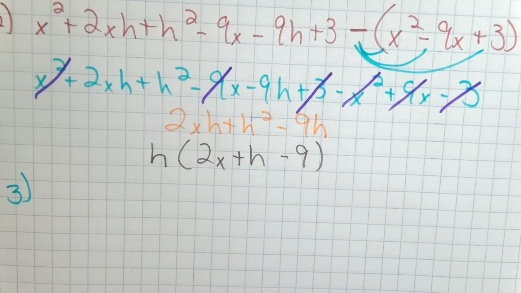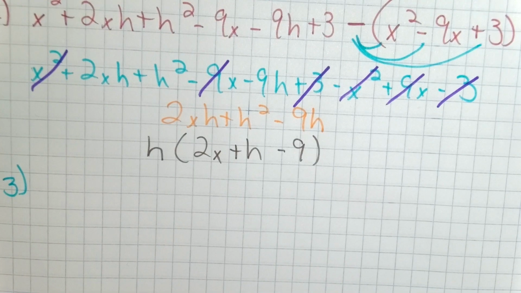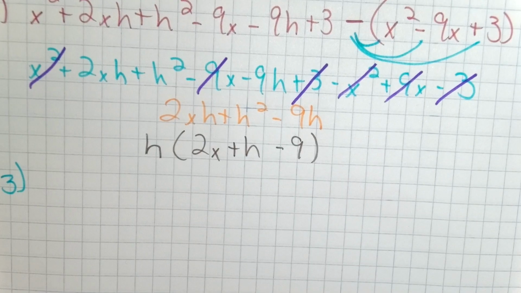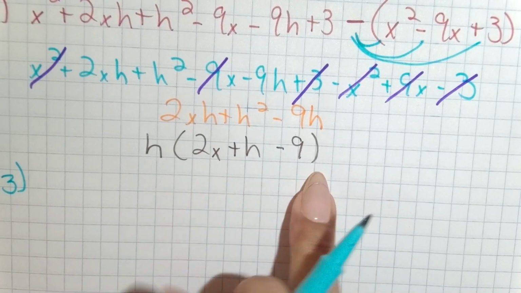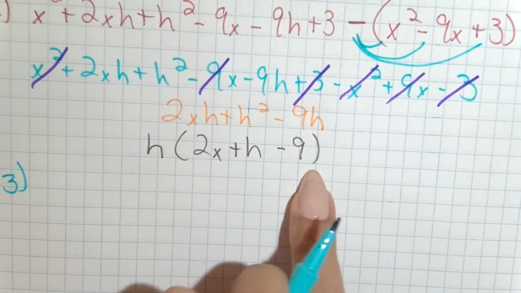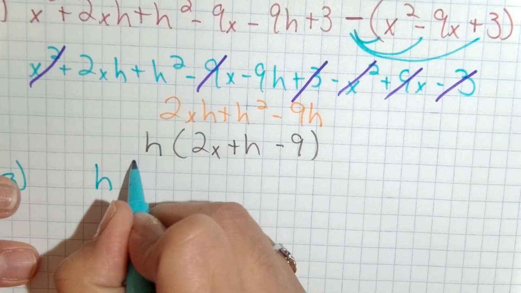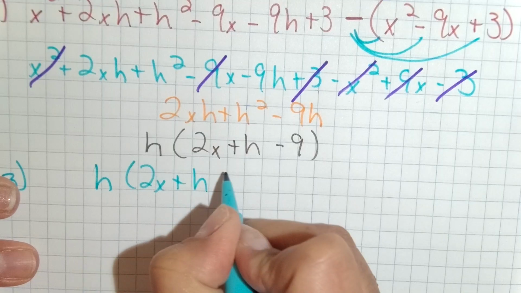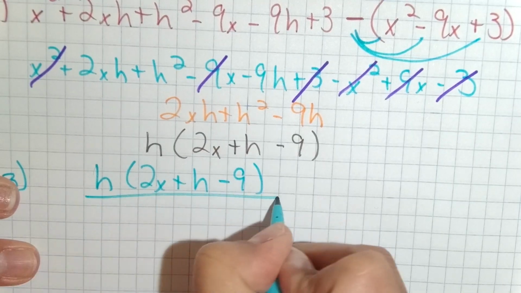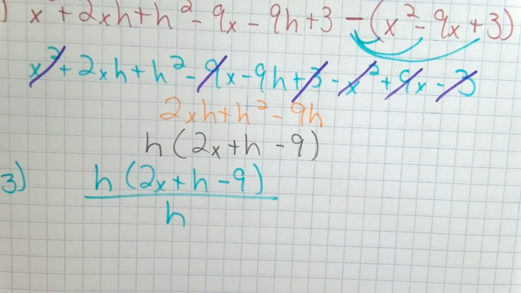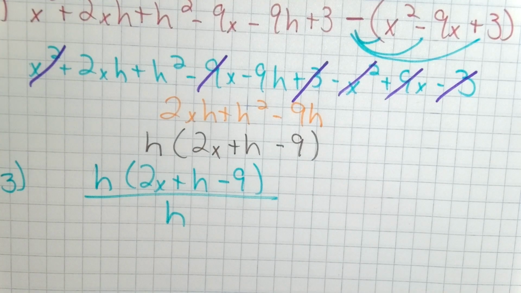Step 3. I'm going to rush this a little bit because we've got 6 minutes. We need to put this over what? Over h. So we have h times 2x plus h minus 9, over h. What did my notes tell me I need to do?